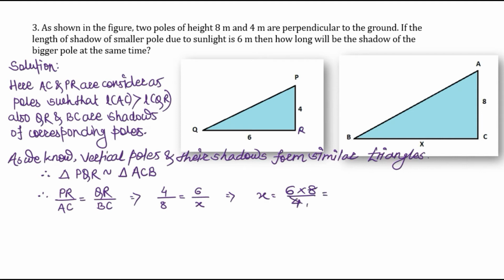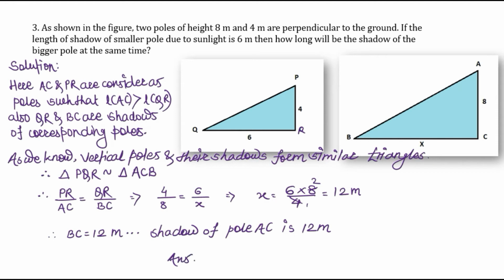So 4 ones are 4, 4 twos are 8 and 6 twos are 12. So X is equal to 12 meter, as everything is in meter. And finally, we got BC is equal to 12 meter. What is BC? BC is the shadow of the bigger pole, which is 12 meters. This is the answer for this question.